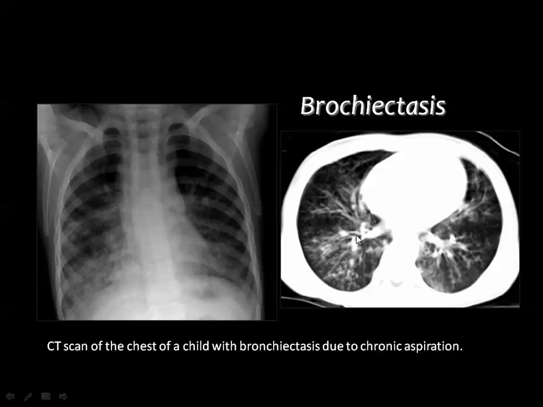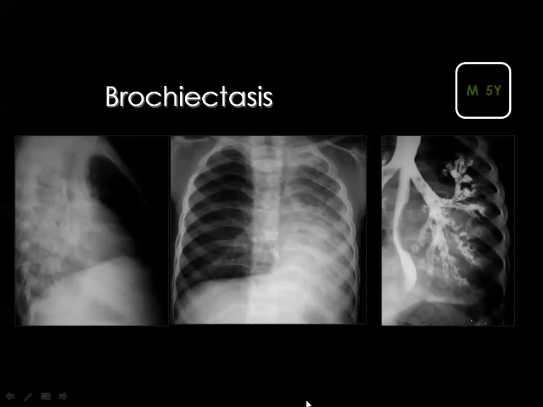Here you can see that the bronchi are relatively dilated, and this is what we call the fusiform bronchiectatic changes. And this is a case of pneumonic consolidation, which was complicated by collapse and bronchiectasis with evident loss of the left lung volume and an ipsilateral shift of the heart and the mediastinum.